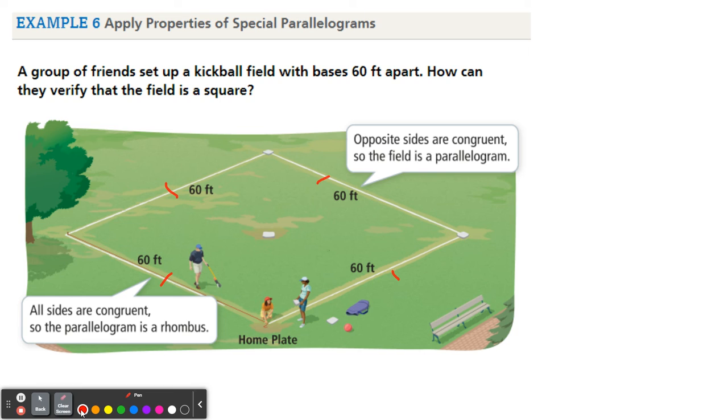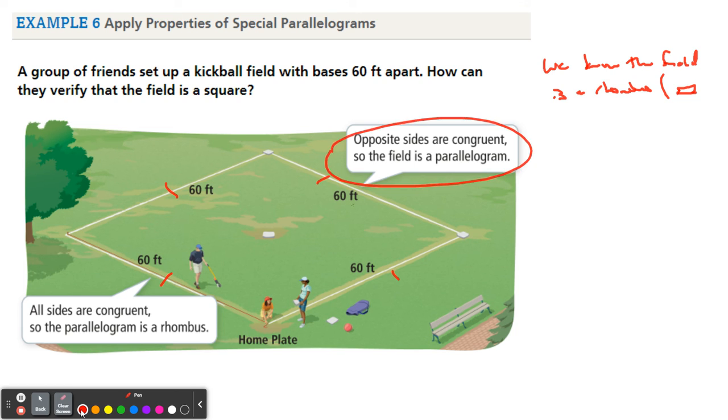So already we know the kickball field is a rhombus, because it's a parallelogram, since the opposite sides are congruent, and it's a rhombus because all sides are congruent. It's a parallelogram with 4 congruent sides.